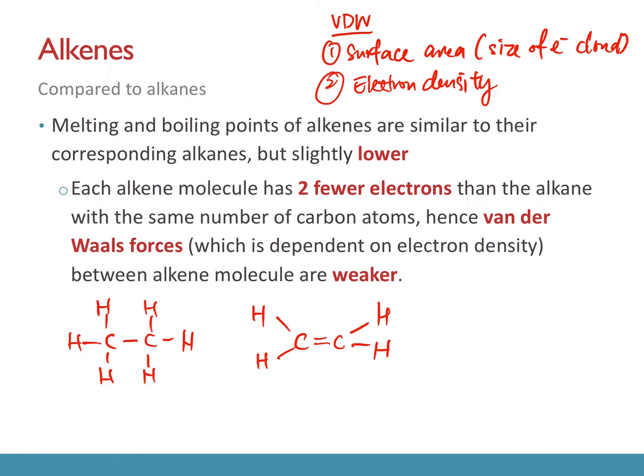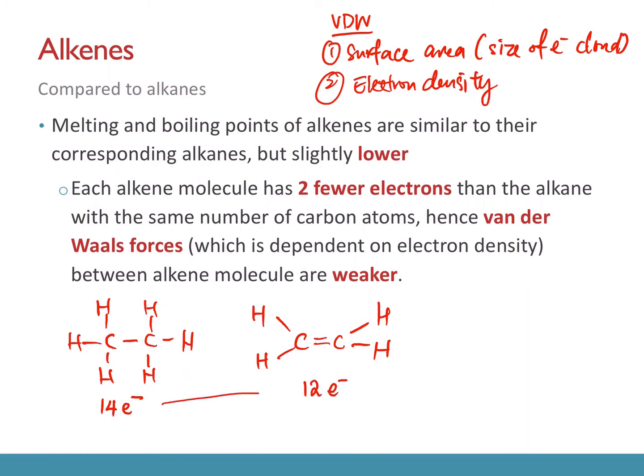For the ethane molecule, I have 7 bonds, so 7 pairs of bonding electrons, that's 14 electrons. On the right hand side, ethene, I have 6 bonds, 6 times 2, so that's 12 electrons.